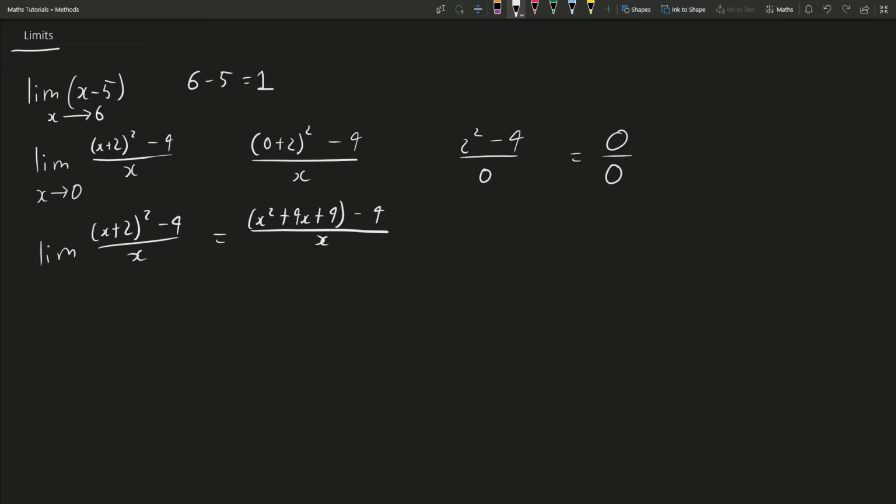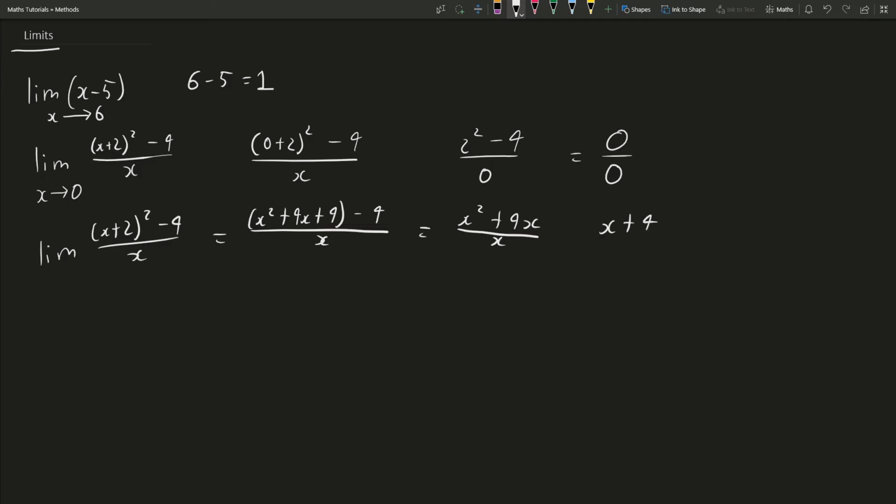Now if we simplify this numerator, the positive 4 and the negative 4 cancel out. So we get x squared plus 4x on x. And then when we divide both of these terms in the numerator by x, we get x plus 4.